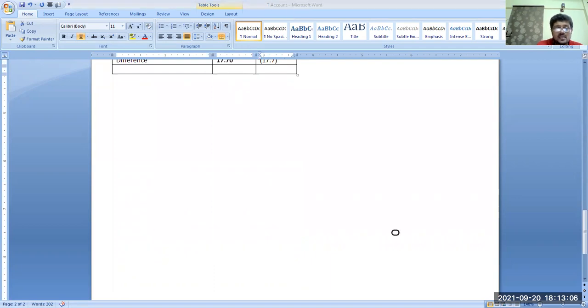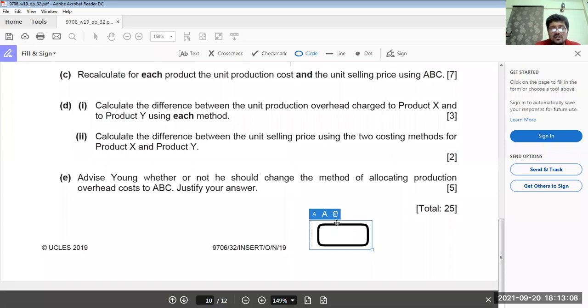Let's move. Advise Young whether or not they should change the method of allocation of production cost overhead to ABC. Justify your answer. Now, see what will happen. Activity-based costing is a little difficult method, but it gives a more realistic approach because previously it was showing Y very expensive and X a little cheaper.